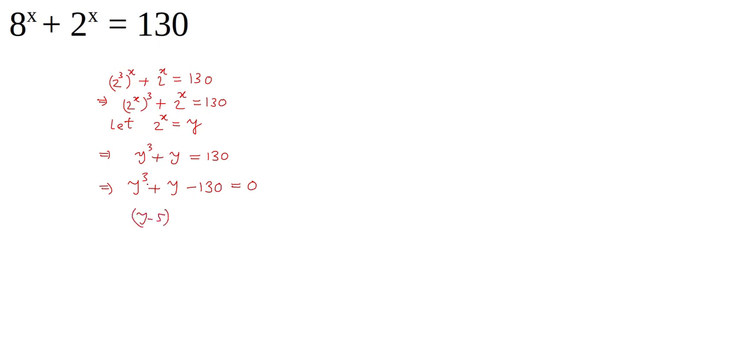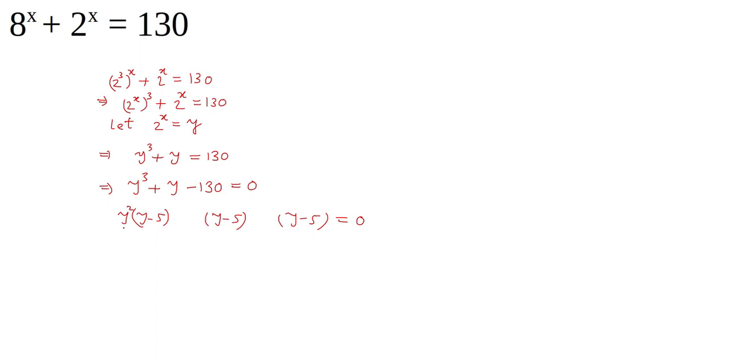Because this is a cubic equation, we will write y minus 5 and a quadratic factor, equal to 0. So let's rearrange the terms here. The first term is y cube. For getting y cube, you will need y square here, because multiplying y square with y will give you y cube. But the next term, multiplying y square and minus 5, will give you minus 5y square.